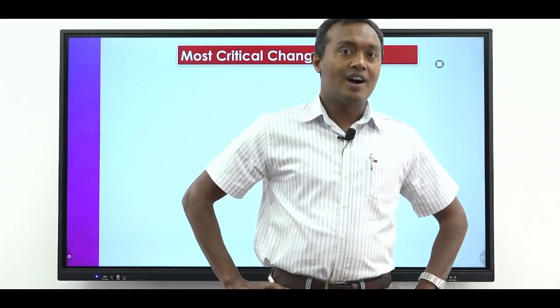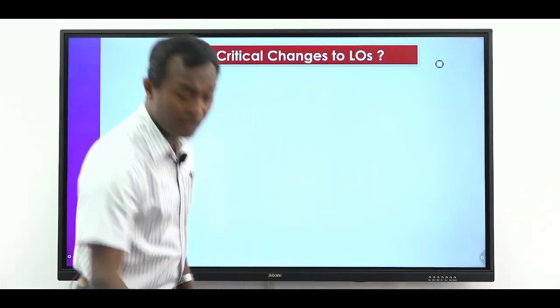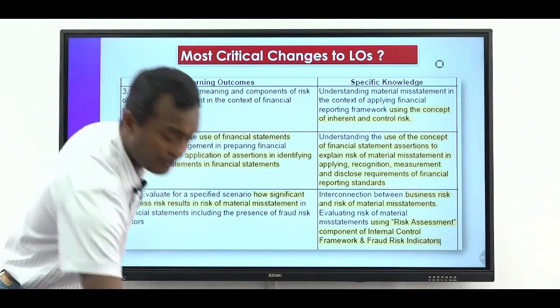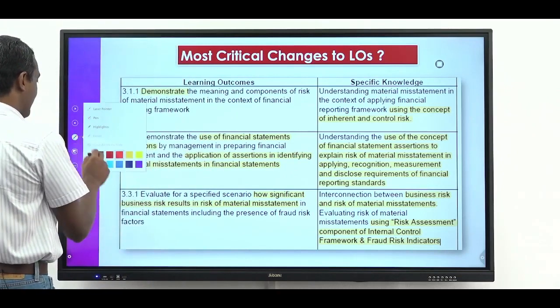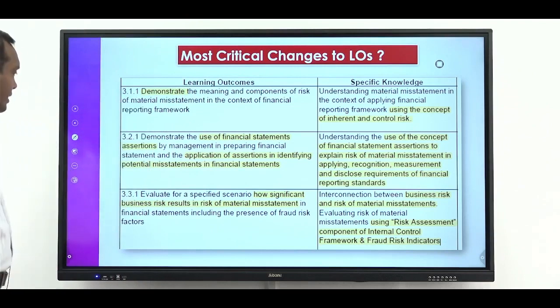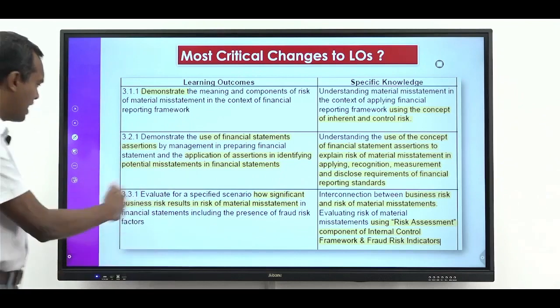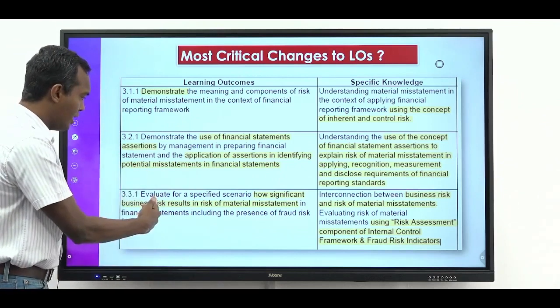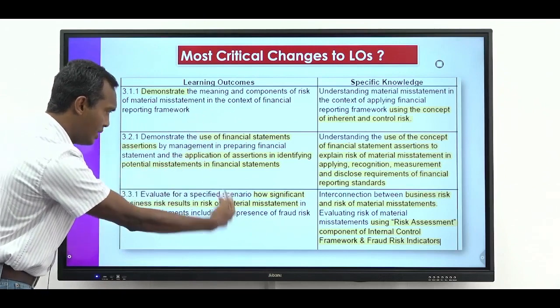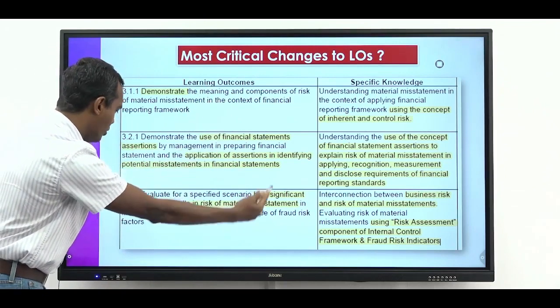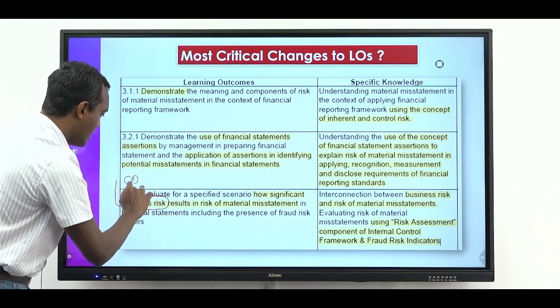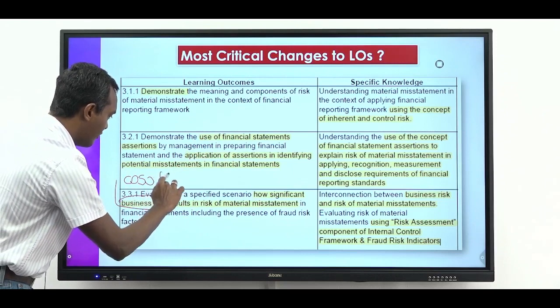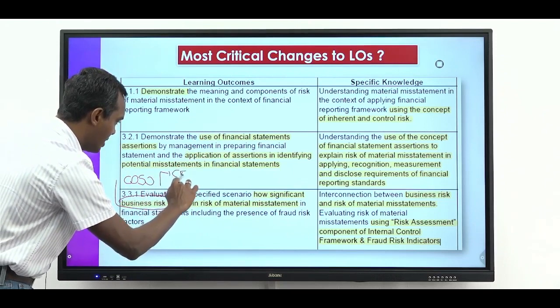So I have taken the heading of this slide to say most critical LOs, right? Now, when we look at the pilot paper, we can see what the examiner has actually tested. We can straight away read, is it 3.3.1, where you evaluate in a given case study scenario how significant a business risk is. That's why I said COSO framework, right? So the COSO framework begins with the control environment, having good governance.